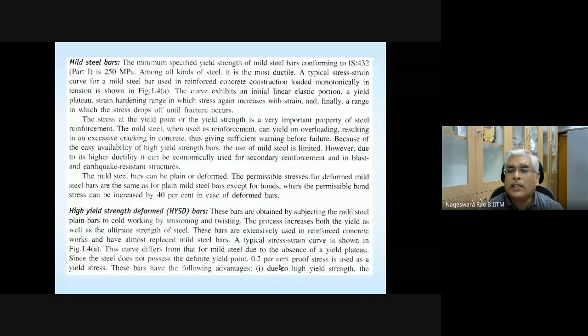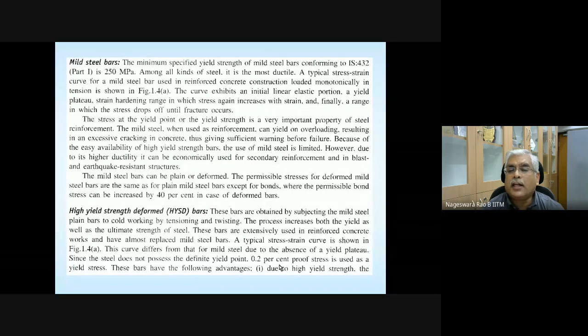We already looked at the stress strain curve. The curve exhibits an initial linear elastic portion, a yield plateau, a strain hardening range in which stress again increases with strain, and finally a range in which stress drops off until fracture occurs.